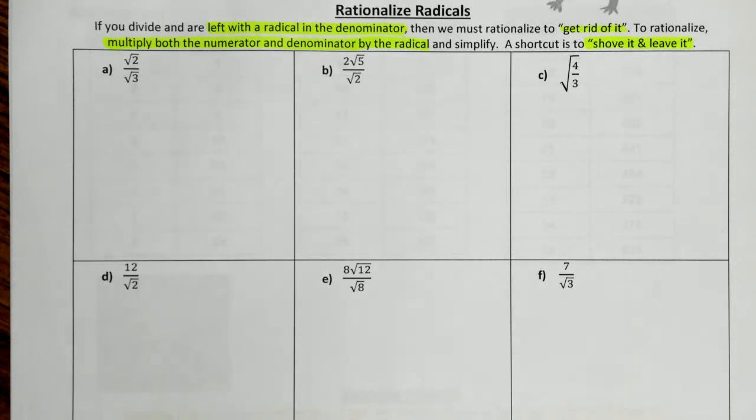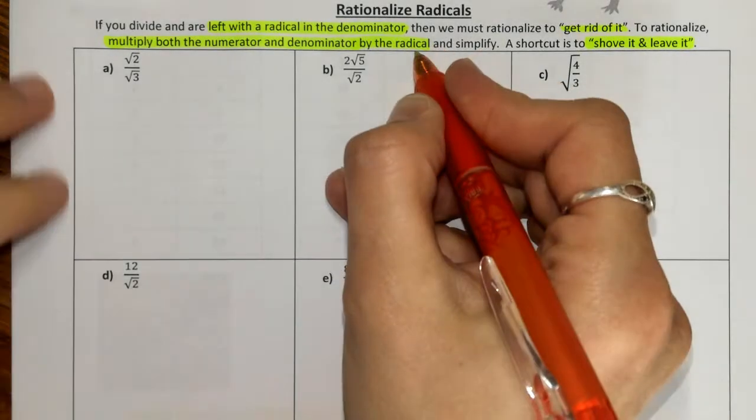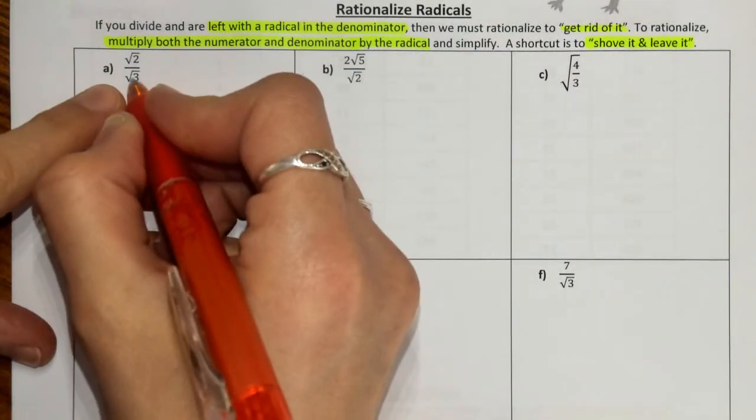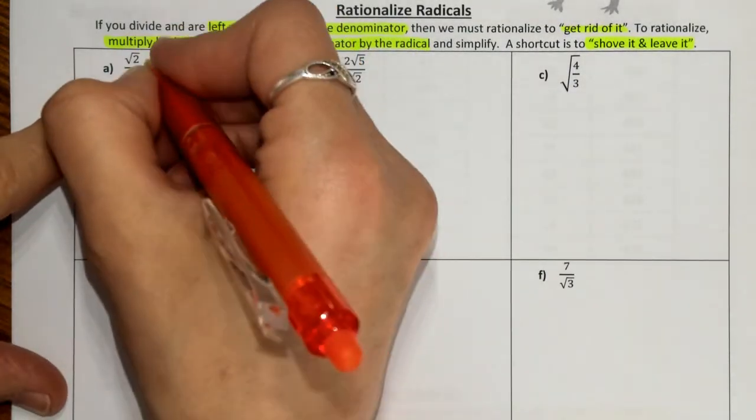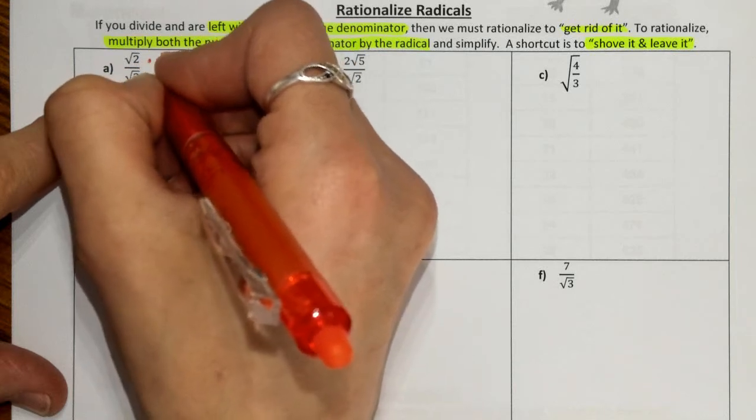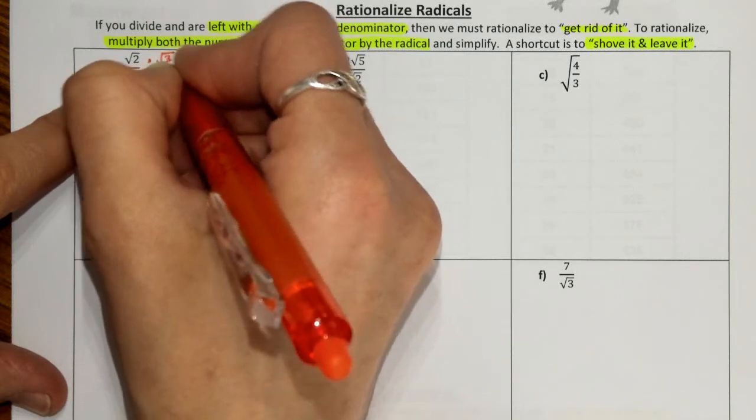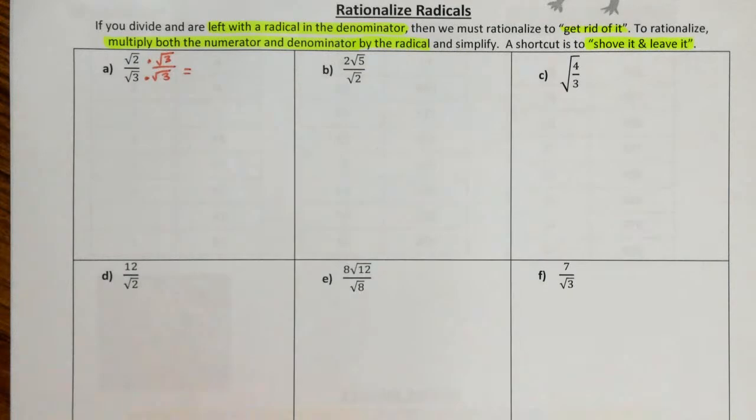So what we're talking about here, multiply both the numerator and denominator by that radical. The radical in the bottom here, that square root of 3 that we need to get rid of, we're going to multiply both the top and the bottom by the square root of 3. We didn't talk about multiplying radicals, but it's just like dividing. You're going to multiply radicals with radicals, whole numbers with whole numbers.